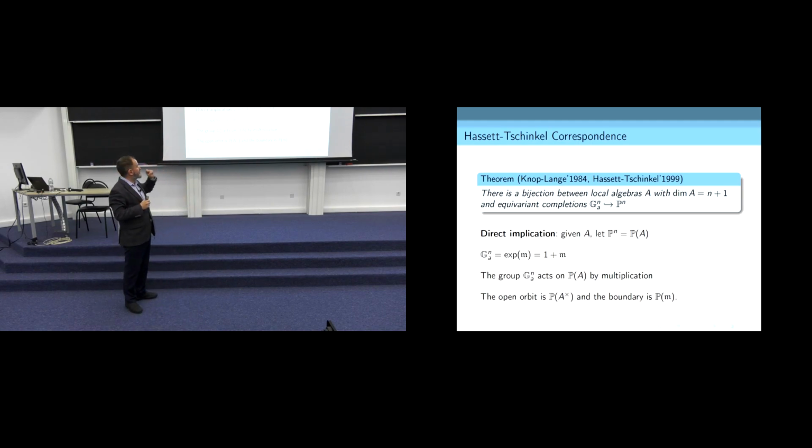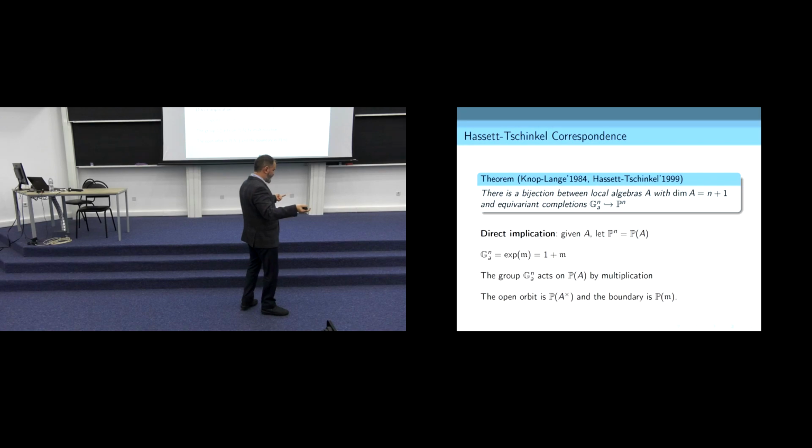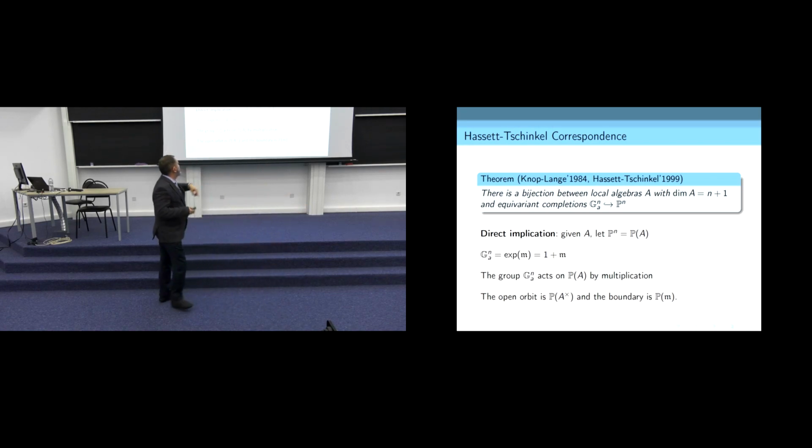They consider arbitrary finite dimensional algebras, and they establish a correspondence between such algebras and embeddings not necessarily of the vector group, but of arbitrary commutative groups. So if you are interested in completions of a connected commutative linear algebraic group by projective space, such objects are in correspondence with algebras, but not necessarily local. And the number of local components in this algebra is precisely the dimension of the maximal torus minus 1.